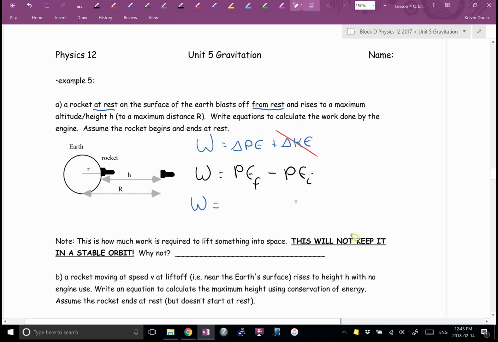So it's going to end up being final negative big G, big M, little m over, and I guess they want me to use a capital R for the final radius, minus negative big G, big M, little m over R, and I guess since we're starting off from the Earth, it would be the radius of the Earth, the 6.38 times 10 to the 6th, I think it is.